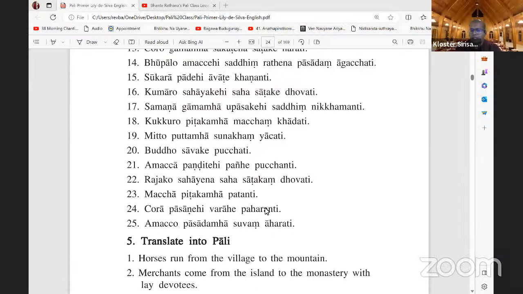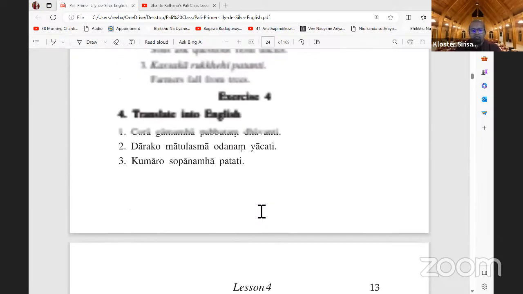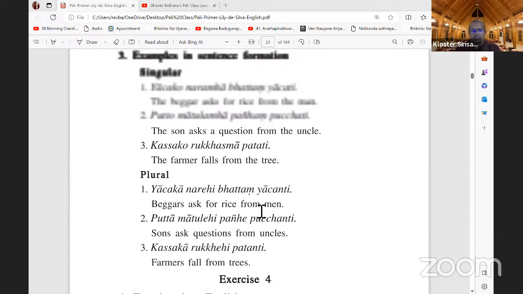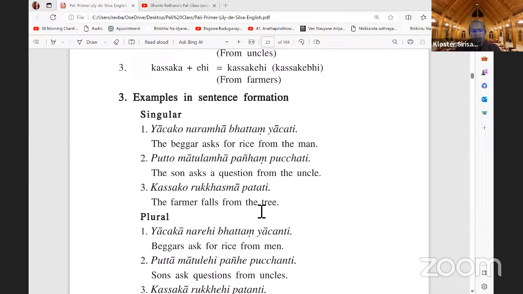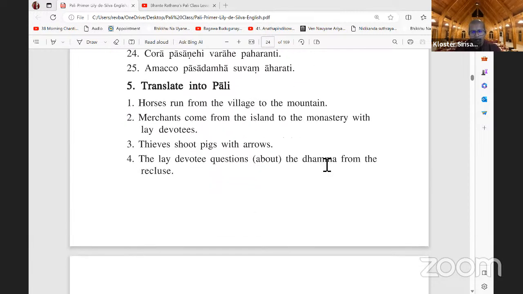Today we have translating to Pali, right? Okay. Who wants to go first? Let's do exercise 5, translate into Pali.